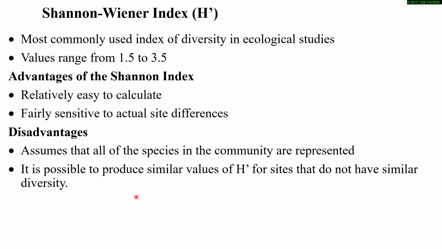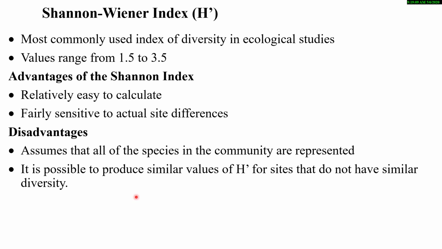However, it has some disadvantages. The first disadvantage is that it assumes that all of the species in the community are represented, which is not always so. The second disadvantage is that it is possible to produce similar values of H for sites that do not have similar diversity.